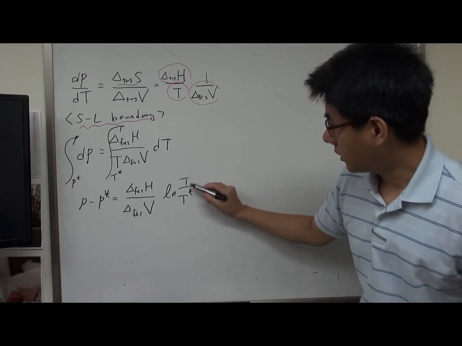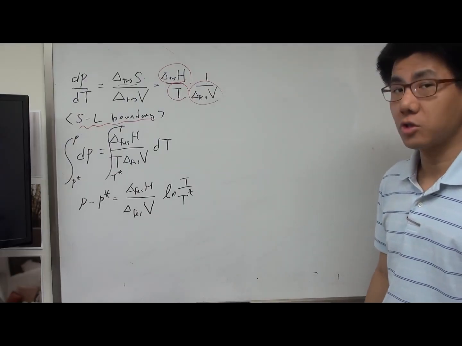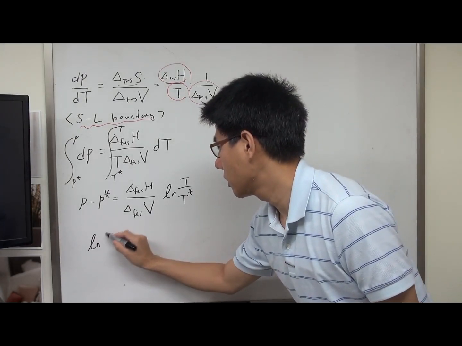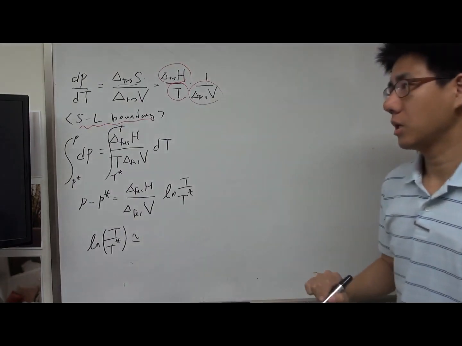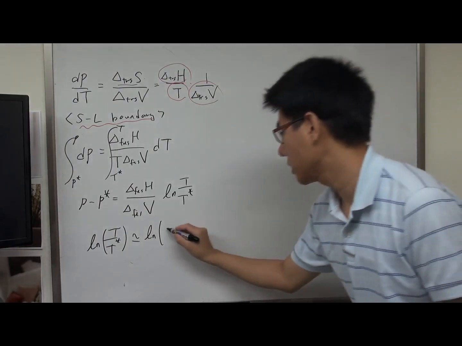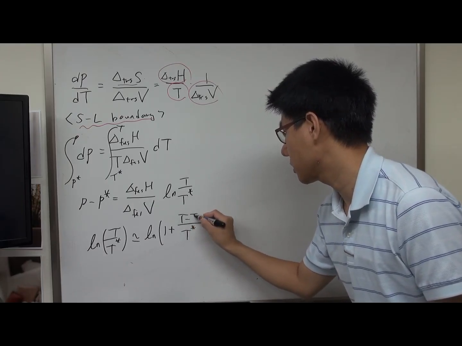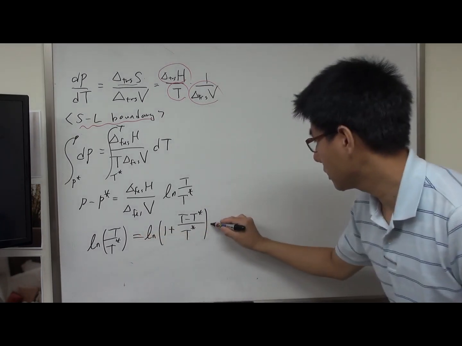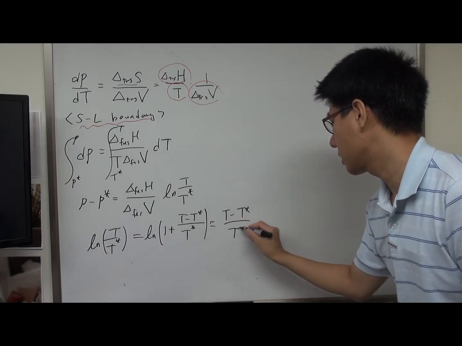If T and T star are very close to each other, okay? Just assume it. If T and T star are very close to each other, log T over T star can be rearranged as log of 1 plus T minus T star over T star, which is approximately T minus T star over T star.